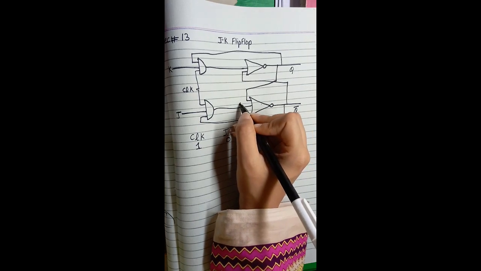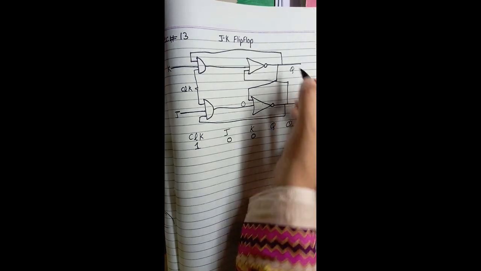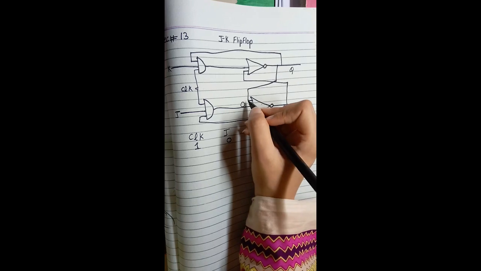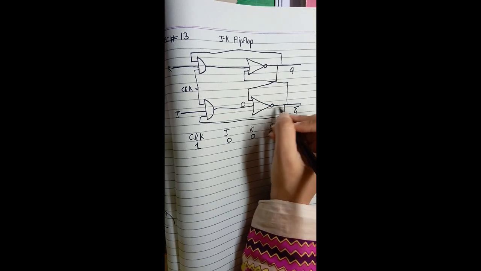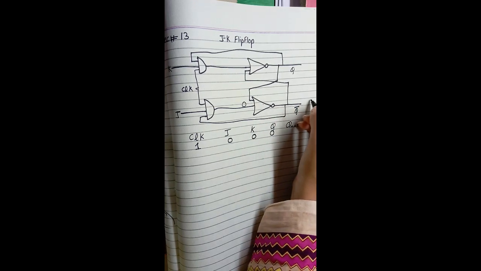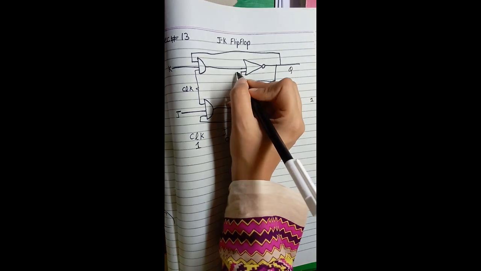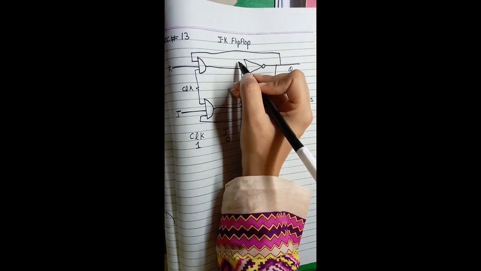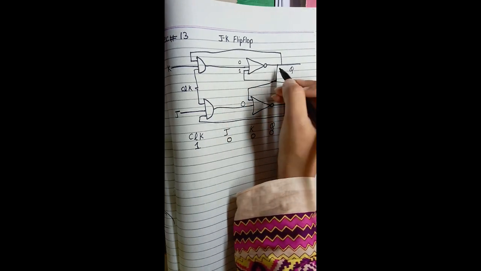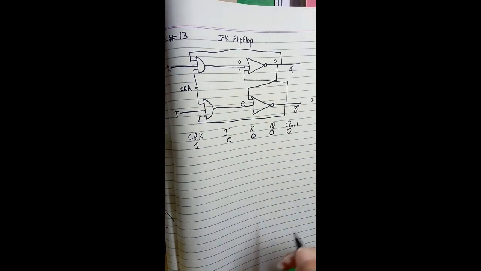Now we have to see the other input, this one. We will imagine that Q is equal to 0. If both the inputs are 0, our output of the NOR gate is 1. So this one goes here as input, and from here we have the 0 input, and 0 and 1 will give us 0 again. So this is our answer.